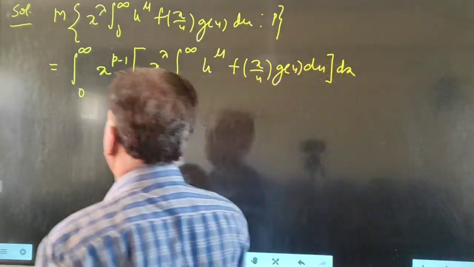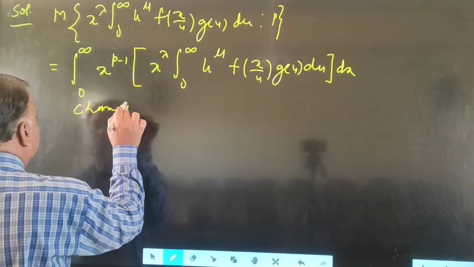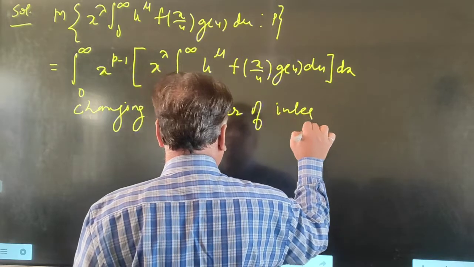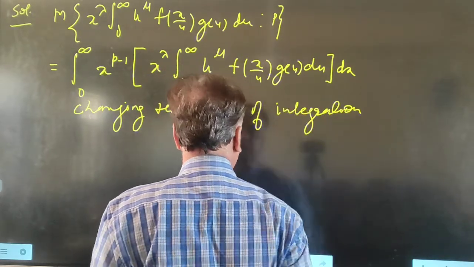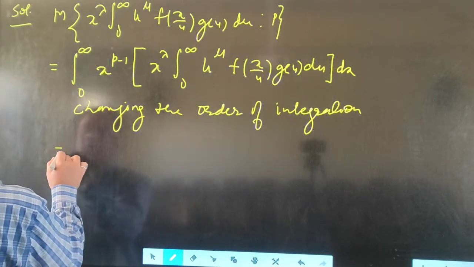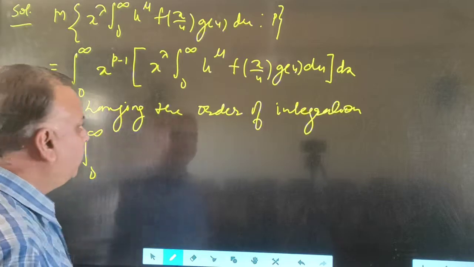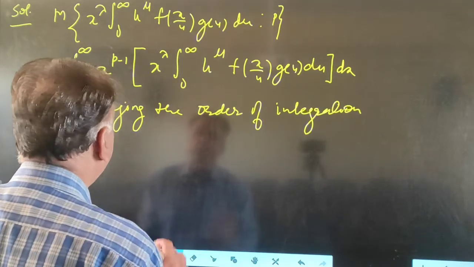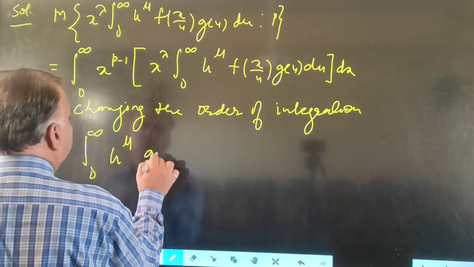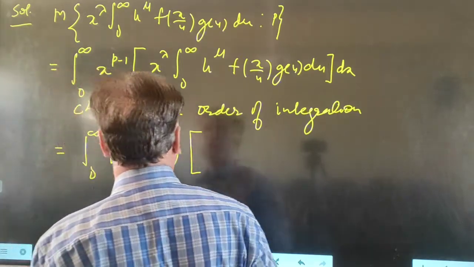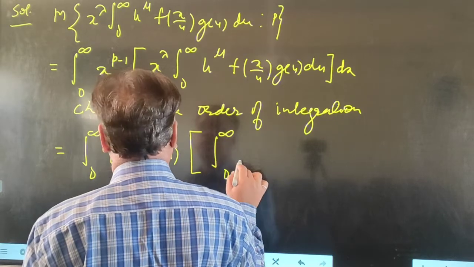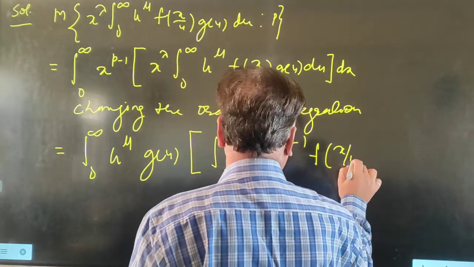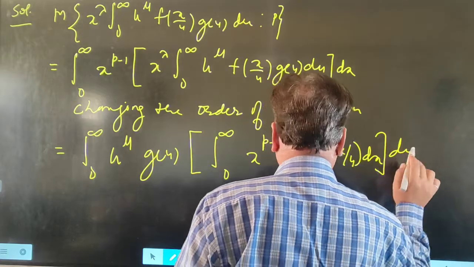Now if we change the order of integration, then this is equal to integral 0 to infinity, where first we integrate with respect to x and then with respect to u, so we get integral u raised to mu g of u, and the integration with respect to x is integral 0 to infinity x raised to p plus lambda minus 1 f of x upon u dx, and then integrate with respect to u.